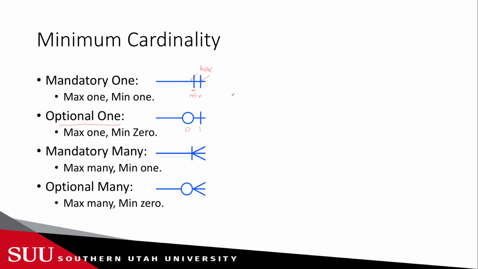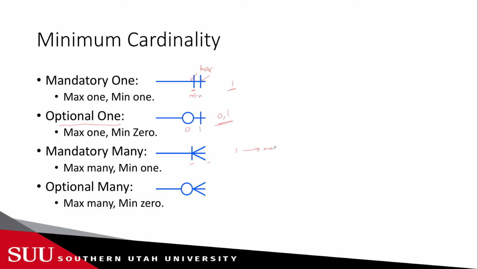So a mandatory 1 means it is a 1 and it has to be a 1. When we have an instance in the relationship, this instance must be a 1. And the optional 1 says it can be 0 or 1, no other option. And then we have mandatory many. That means minimum is 1, maximum is many. So this is from 1 to, let's say, any number here.